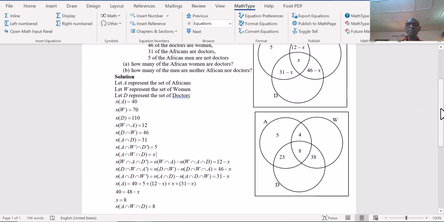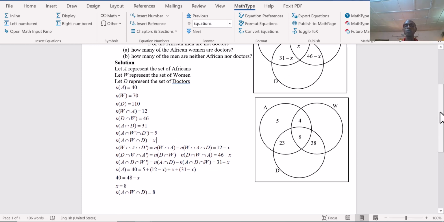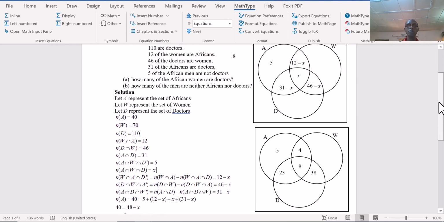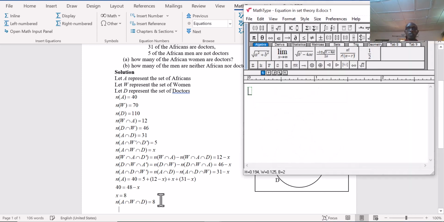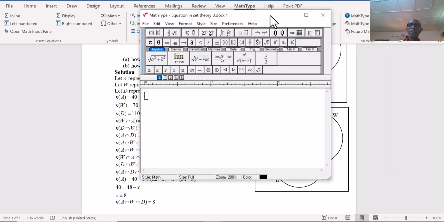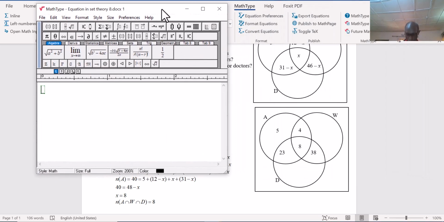So now let's continue from there. We have been able to draw that Venn diagram. So you need to get the number of people who are just women. They are not Africans, they are not doctors, but they are women.